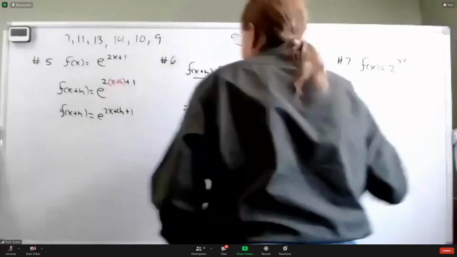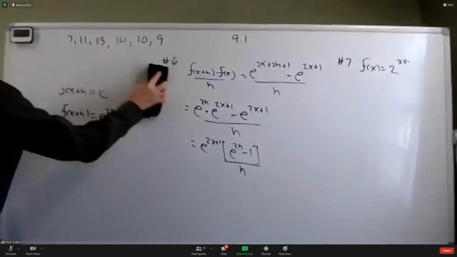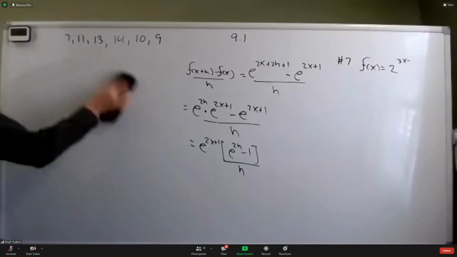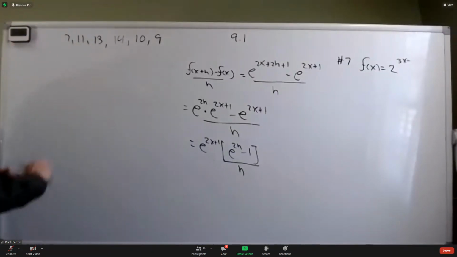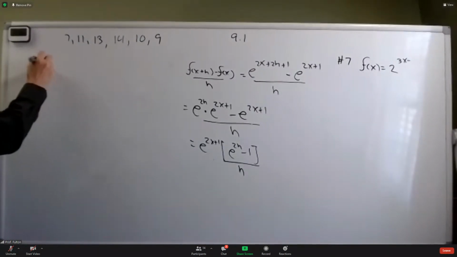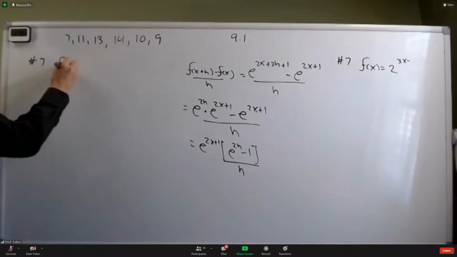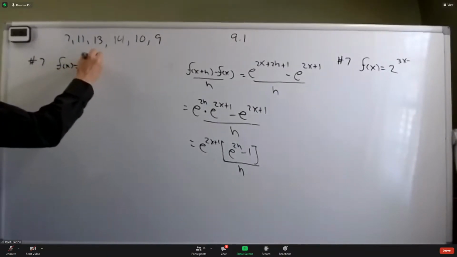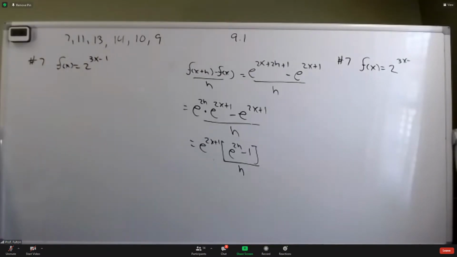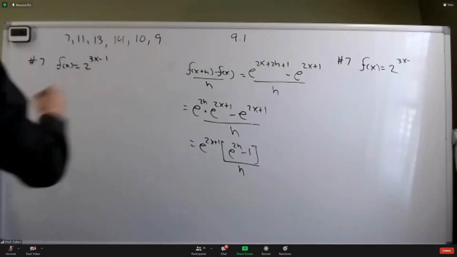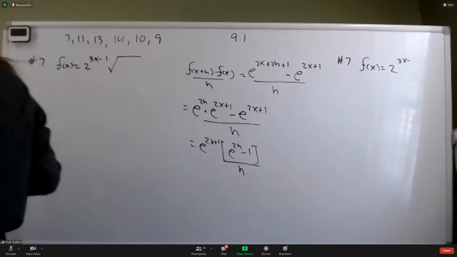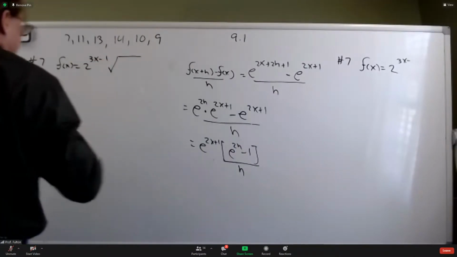It's going to be a little bit cramped over here. Give it a little extra room. Then the other function is the square root of 2 to the 4 minus 6x.